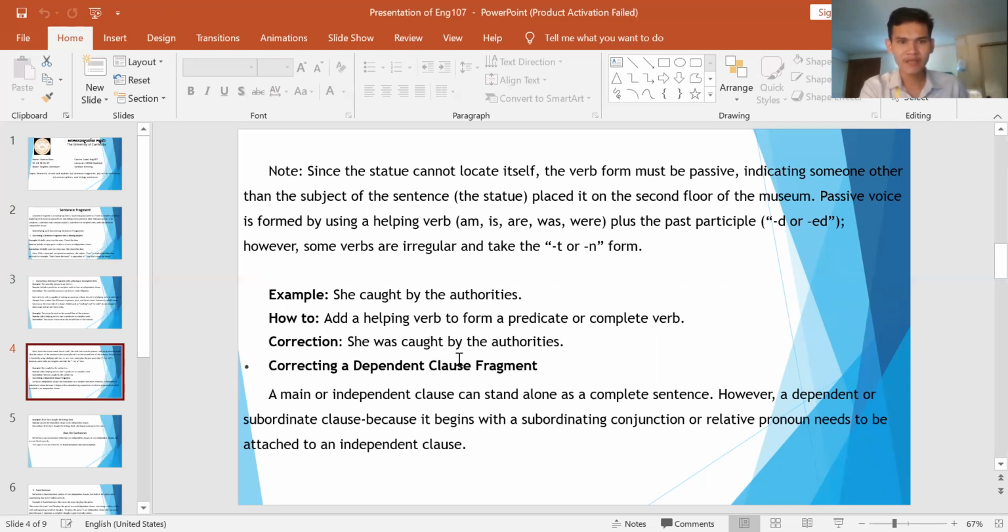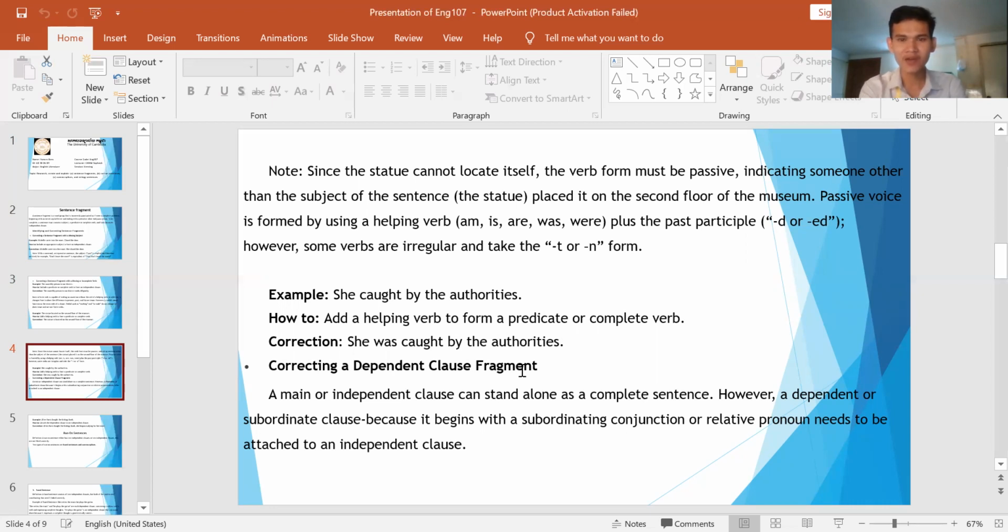Correcting a dependent clause fragment. An independent clause is a sentence that can stand alone, but a dependent clause is a clause that cannot stand alone, such as one that starts with a subordinating conjunction or relative pronoun.